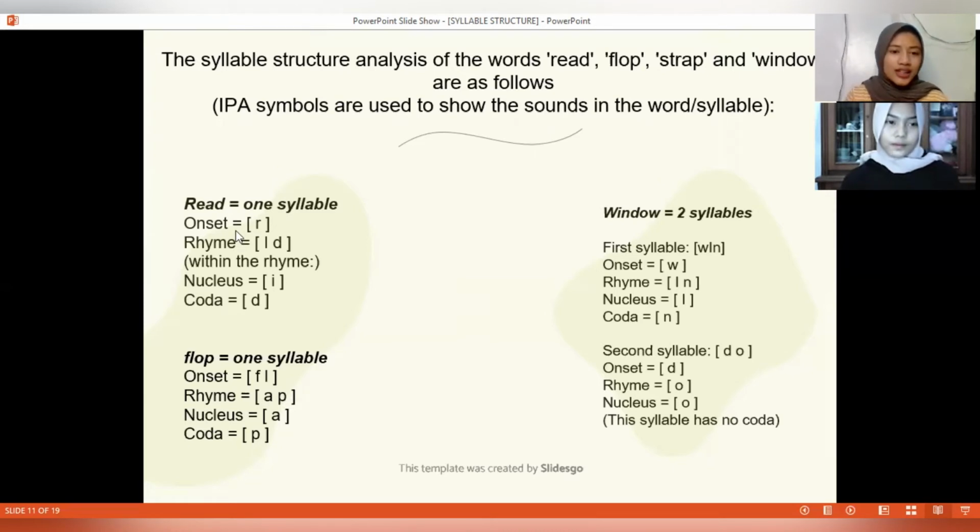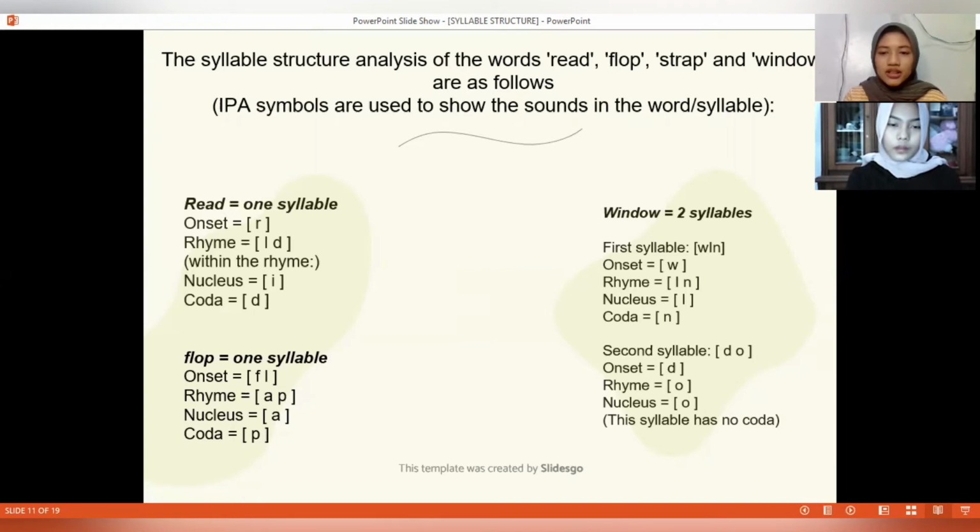The onset is R, the rhyme is ead. Within the rhyme, the nucleus is I, and the coda is D. Next, flat is one syllable. The onset is F, L, the rhyme is A and T, the nucleus is A, and the coda is T.